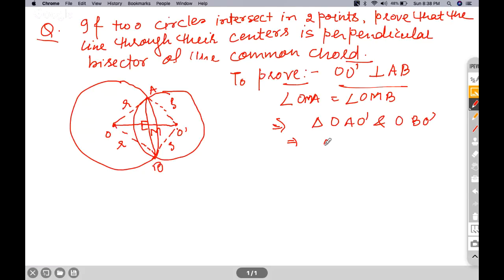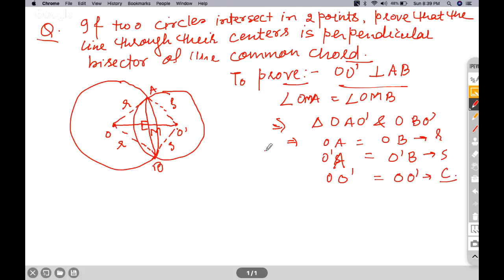So I write OA is equal to OB, this is radius R. O dash A is equal to O dash B, this is radius S, and OO dash is common to both of them. So hence side congruence is there. And if congruence is there, then I can write two things.